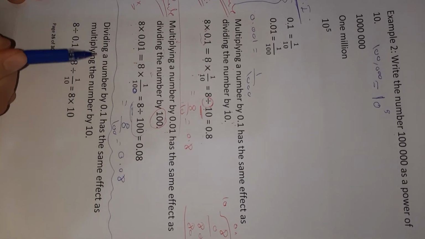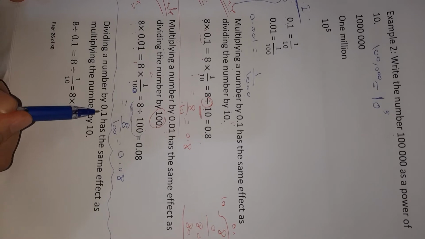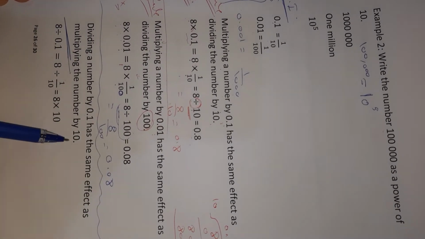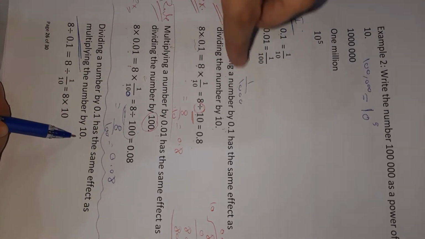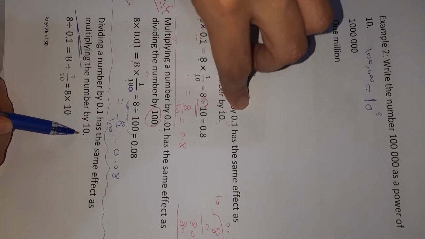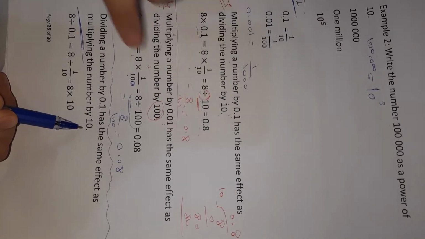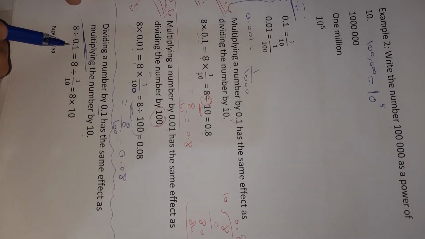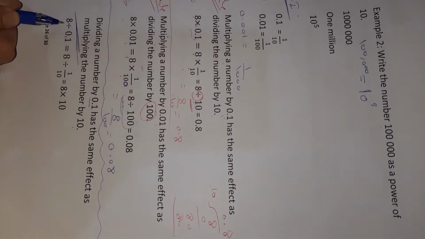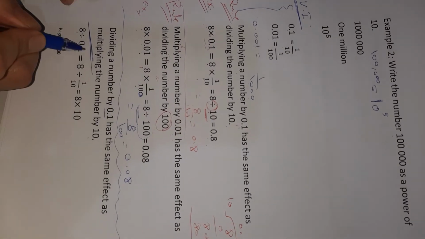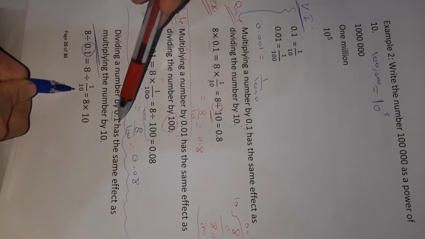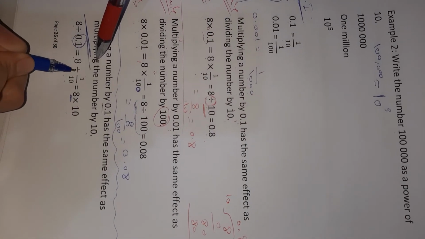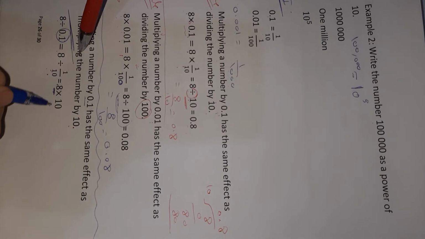Dividing a number by 0.1 has the same effect as multiplying the number by 10. Example: 8 divided by 0.1 means 8 divided by 1 out of 10, which has the same effect as multiplying the number by 10. 8 divided by 1 out of 10 means 8 times 10, which is 80.